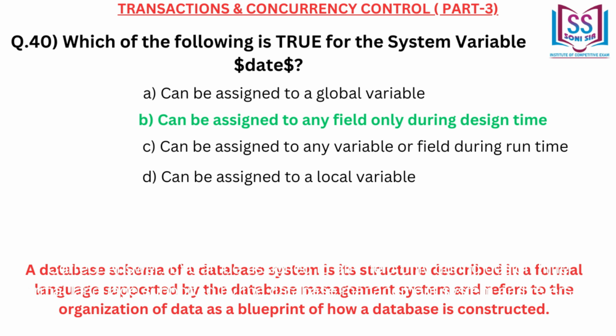Correct answer B. Can be assigned to any field only during design time. A database schema of a database system is its structure described in a formal language supported by the database management system and refers to the organization of data as a blueprint of how a database is constructed.